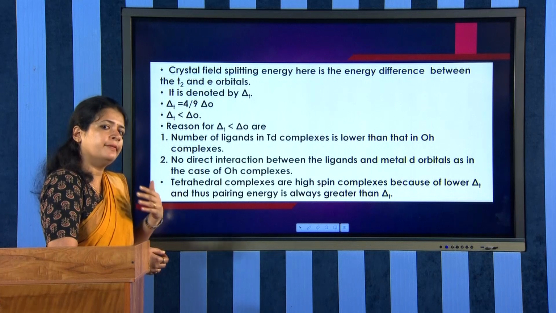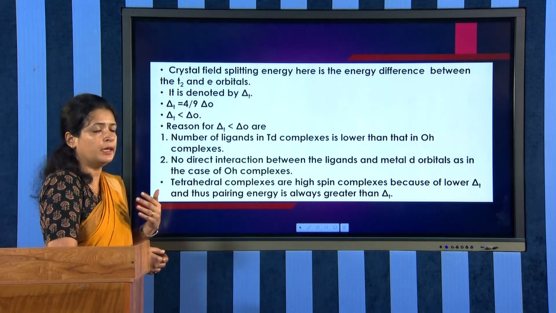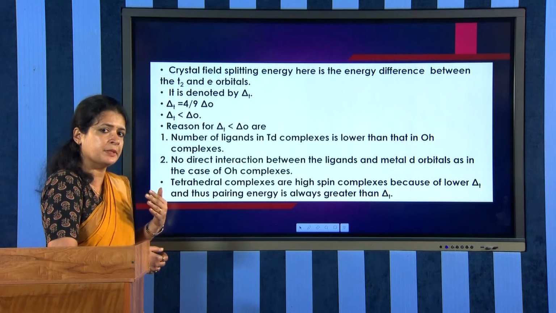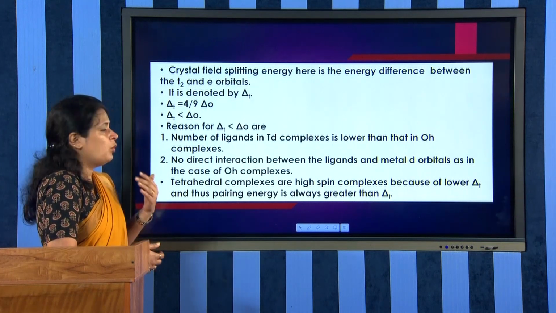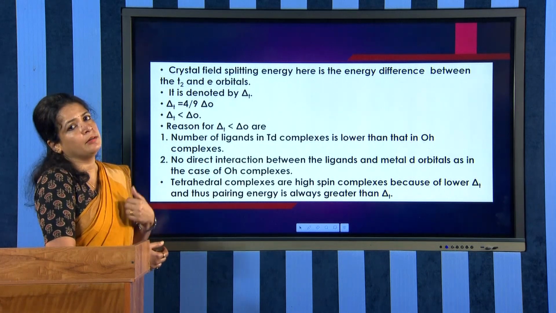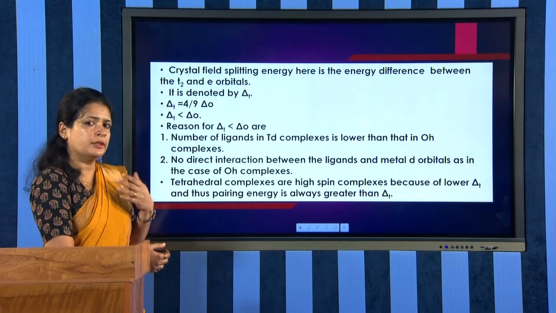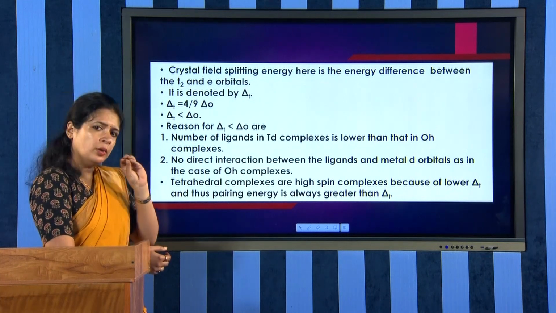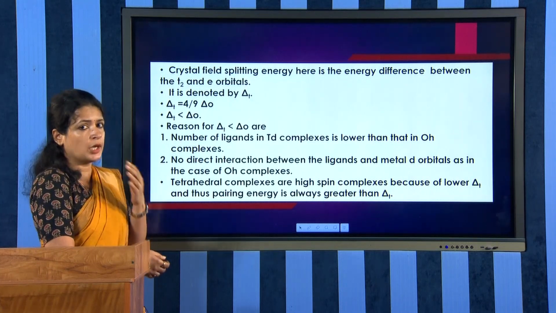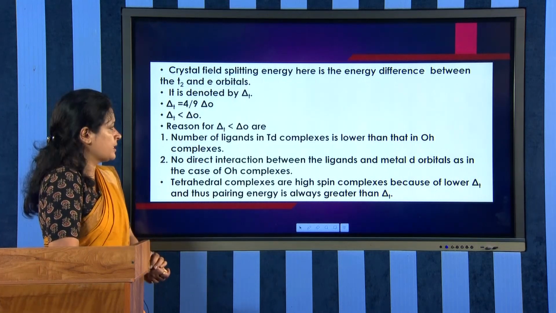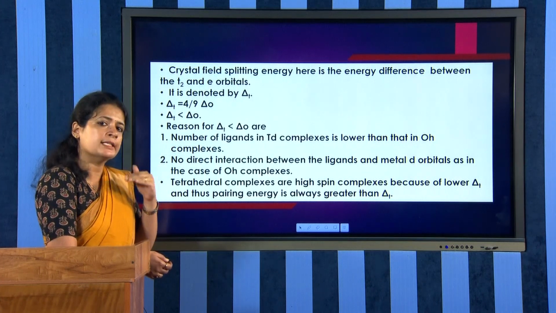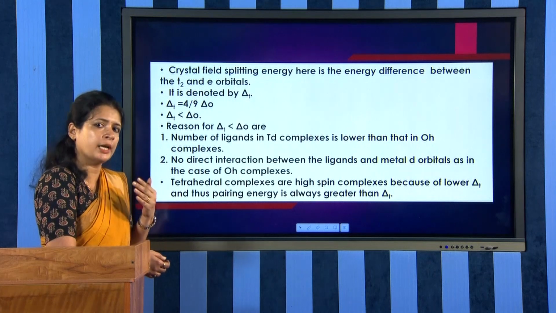That is, the crystal field splitting in the tetrahedral field is always less than the crystal field splitting in the octahedral field. And what are the reasons for that? There are 2 reasons. In the tetrahedral complexes, there are only 4 ligands present, but in octahedral complexes you have 6 ligands. So, the number of ligands in tetrahedral complexes is always less when compared to octahedral complexes.